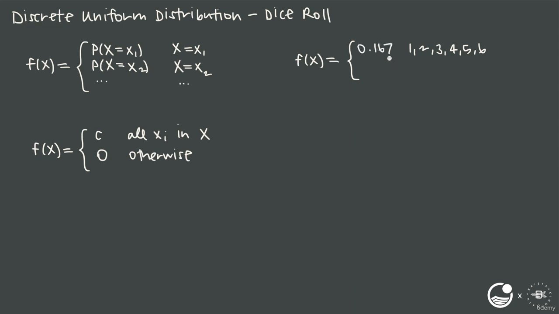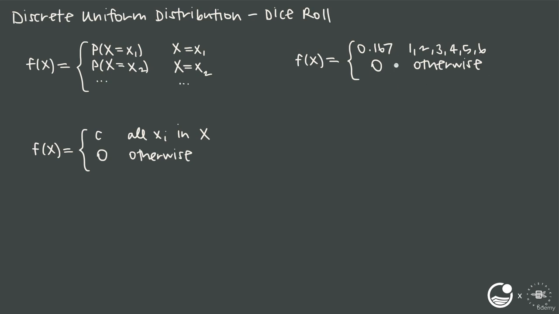So in our probability mass function, the probability of getting a 1 is 0.167, the probability of getting a 2 is 0.167, the probability of getting a 3 is 0.167, etc. These are all of the possible x values for the discrete random variable x, so the probability of anything else is 0.